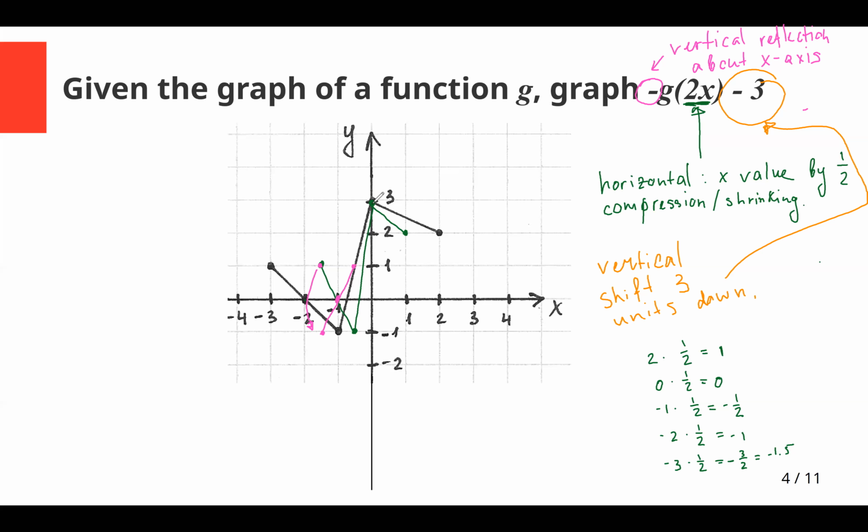Okay, now what happens with this point? This value is 3. If I multiply it by negative 1, I'll get negative 3. So here it is, negative 3, here, right? So I could draw the line like this, right? And let me erase the point from here, not this one. Point from here, yes.